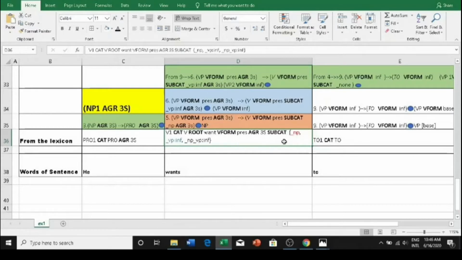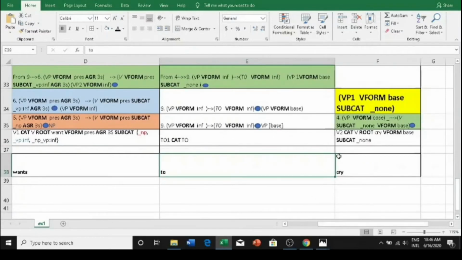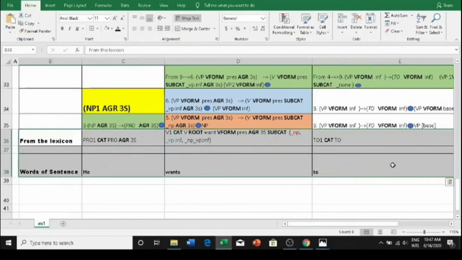It can have a subcategorization of a noun phrase, or it can have an infinitive verb phrase, or it can have a noun phrase and a verb phrase bounded by infinitive. Then "to" is an infinitive. Now other entries are present. And "cry" is a base form of verb, and it has no subcategorization information. So these are the things that we derive from the lexicon as well as from the lexical rules.